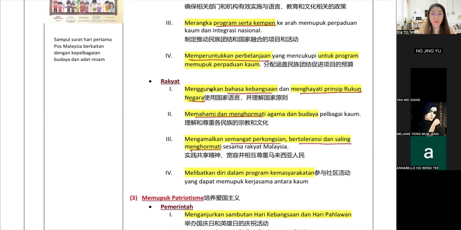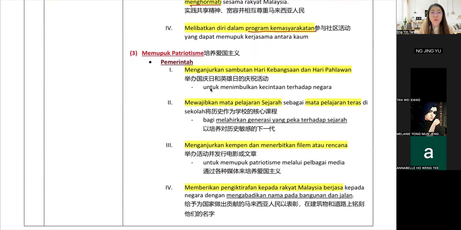It sounds very moral. And involve yourself in the program kemasyarakatan. Do you guys know what is program kemasyarakatan? Charity work. Contribute back to the society. That's how you promote unity. Okay? Is there any Malay words you don't understand? So far so good, everybody?